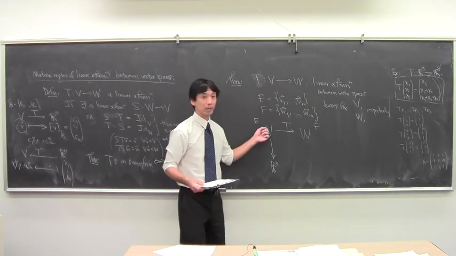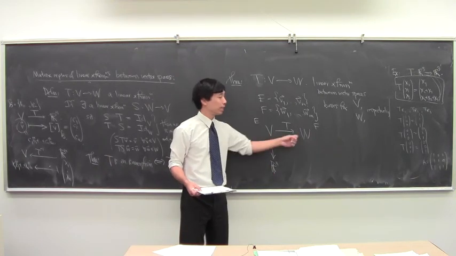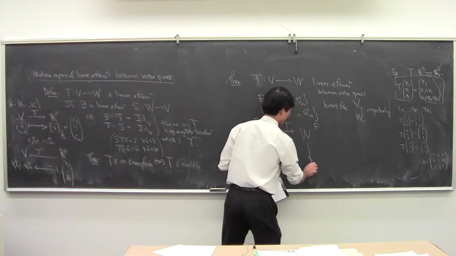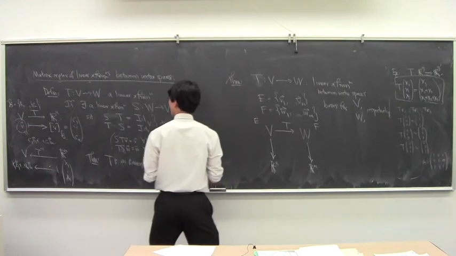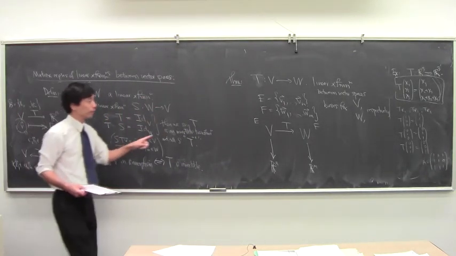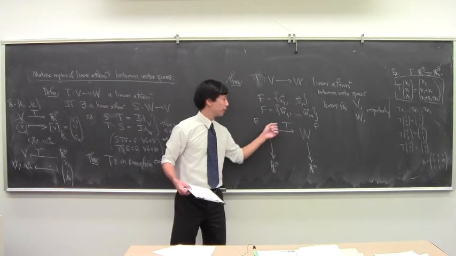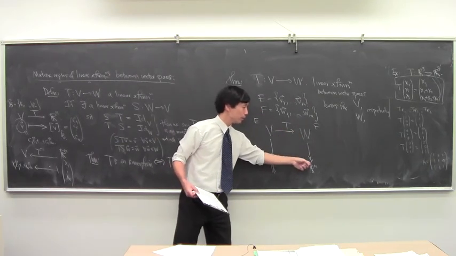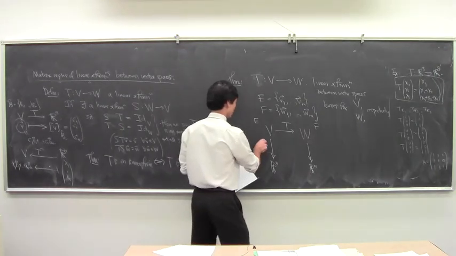We have a map that goes from V to Rn, we have a map that goes from W to Rm. Namely, the maps that we were just talking about, going from the vector to the coefficients with respect to the E basis, and going from the vector to the coefficients with respect to the F basis. I'm going to call them P and Q.